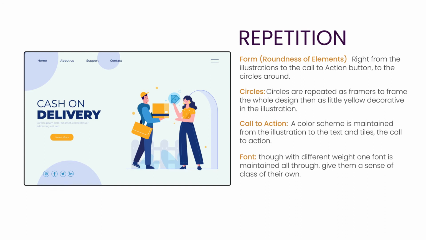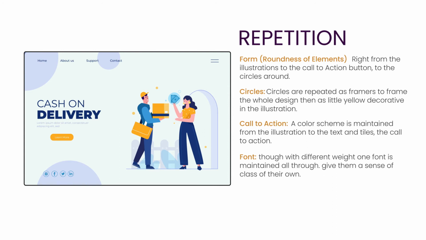Then the background too, you find things being rounded. Then when you come to the other elements, you find rounded circles. You find the call to action button rounded. So there's that sense of continuity going on, of using rounded form.